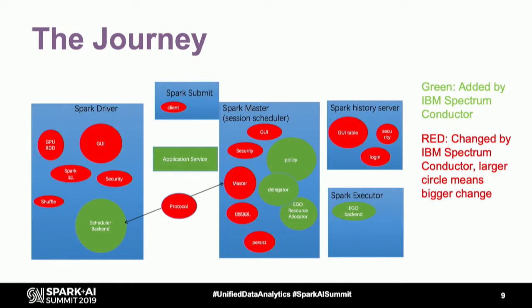So you're starting to see a picture that there's a fair amount of things changed here. And then in the history server, again, just like before, we had to update the GUIs, more security, and the login system. We introduced a login system to all the GUIs. And for the Spark executors, we changed and introduced the ego backend for the communication.